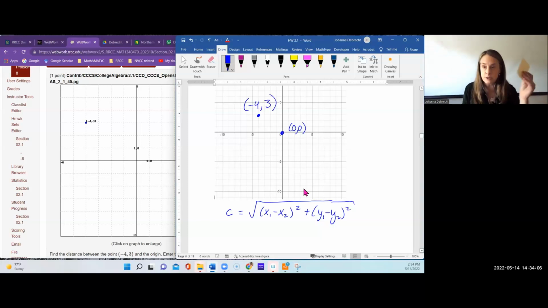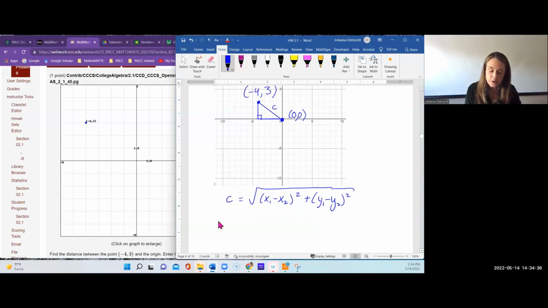So if you like, you can take your card and you can connect the 2 points so that you have the distance between the 2 points. And then you can create a right triangle, which forms the other 2 short legs of that triangle. Note that we do have a right angle right there. And note that C is the side that is directly across from that 90-degree angle.